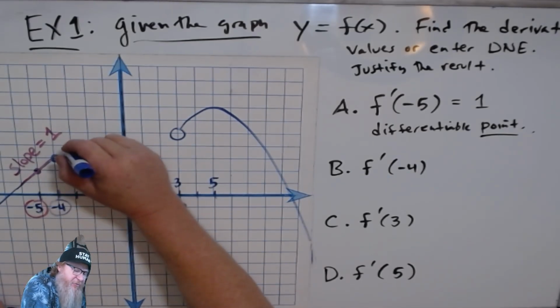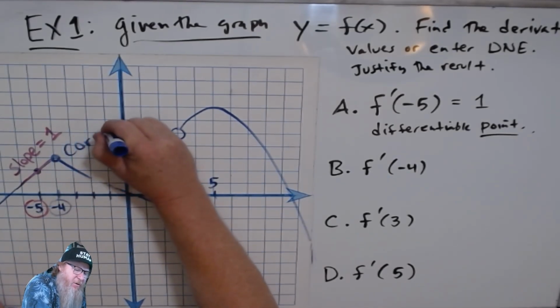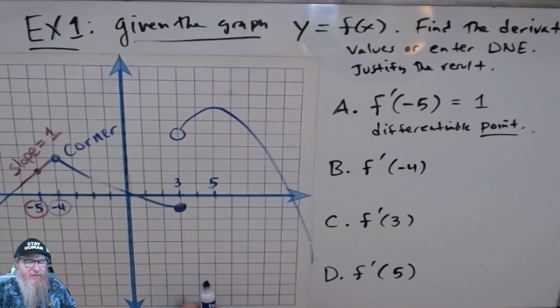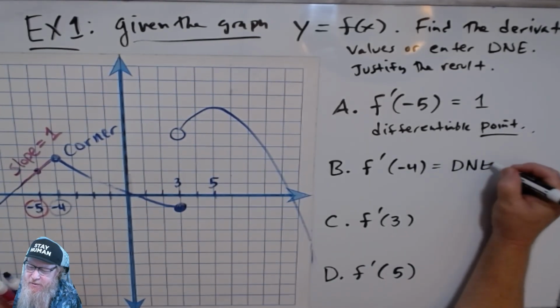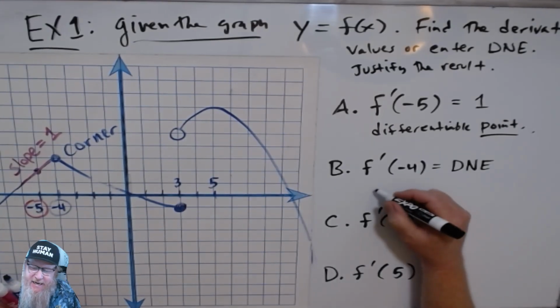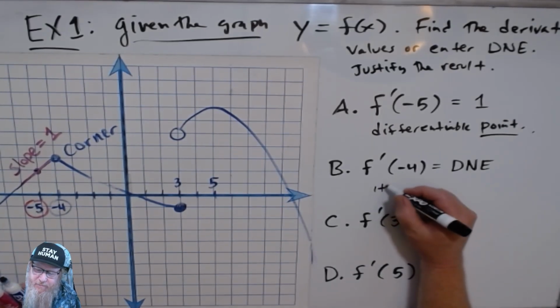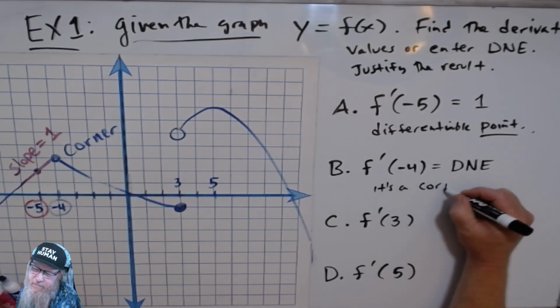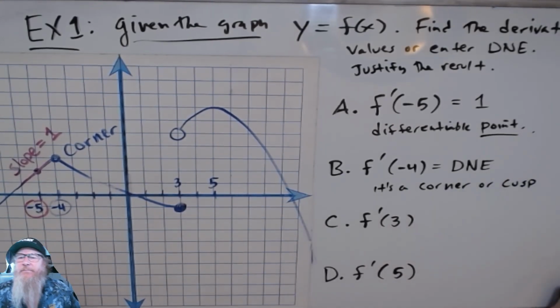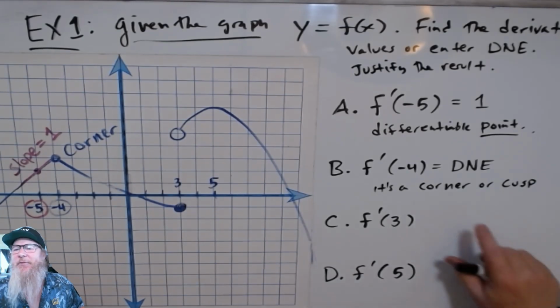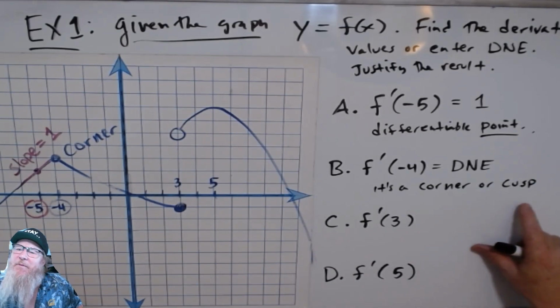So -4 is a corner, or a cusp. They basically mean the same thing. So the derivative there is DNE because it's a corner or a cusp. It's sort of like every corner is a type of cusp.